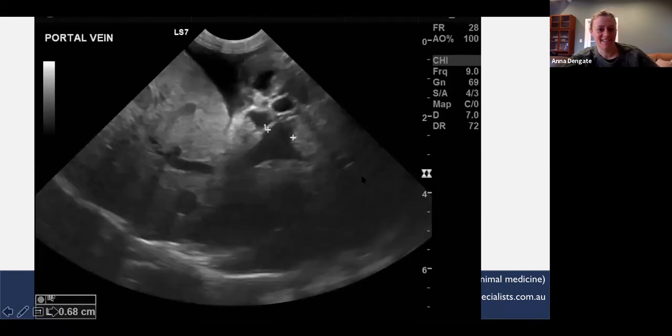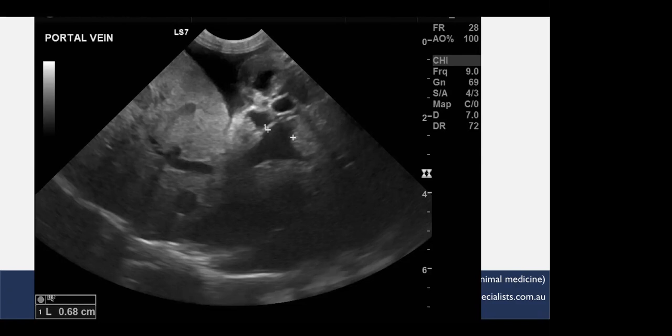All right, how ugly is this liver? Whoa. Okay, who wants to comment on it? Well, if that's the gallbladder, hang on, it's portal vein. Okay, portal vein. Yeah.